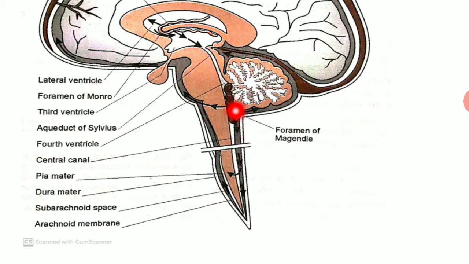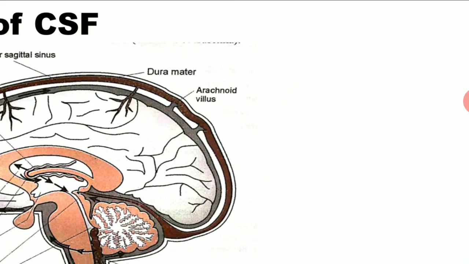Then from the foramina of Magendie and the lateral apertures of the fourth ventricle, known as the foramina of Luschka, CSF enters the subarachnoid space, which is present around the brain and spinal cord. So this is the subarachnoid space around the brain. So this is circulation.